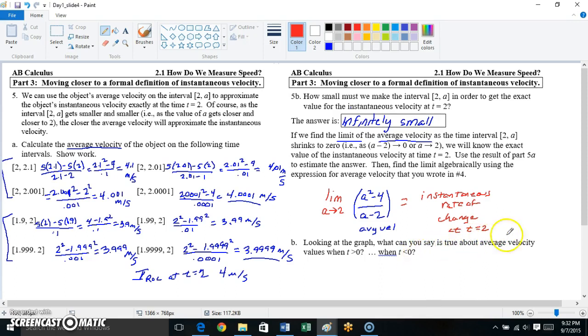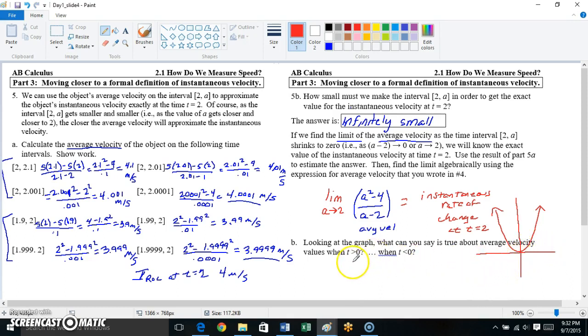Okay, thinking back to this graph, I'm just going to draw a little sketch here. The parabola centered at the origin. That's better.